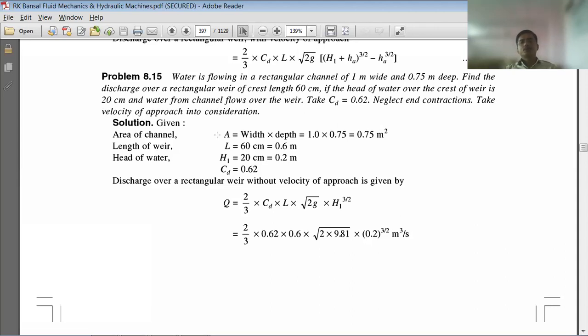Now here you may get confused between the crest length and the channel width. If the head of water over the crest of the weir is 20 centimeter and water from the channel flows over the weir, take CD is equal to 0.62, neglect end contractions, and take velocity of approach into consideration.